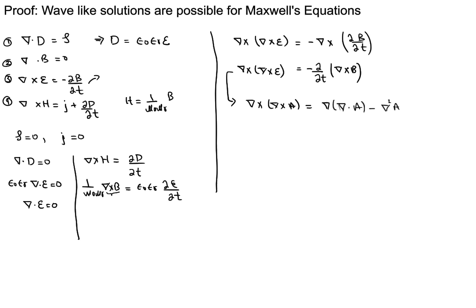So we can write del of del dot E, that is the gradient of the divergence of the electric field, minus the Laplacian of the electric field, equals minus partial over partial t of del cross B. Since del dot E equals 0, this term will be 0, the minus sign cancels with this minus sign, and we are left with del squared E equals partial over partial t of del cross B.